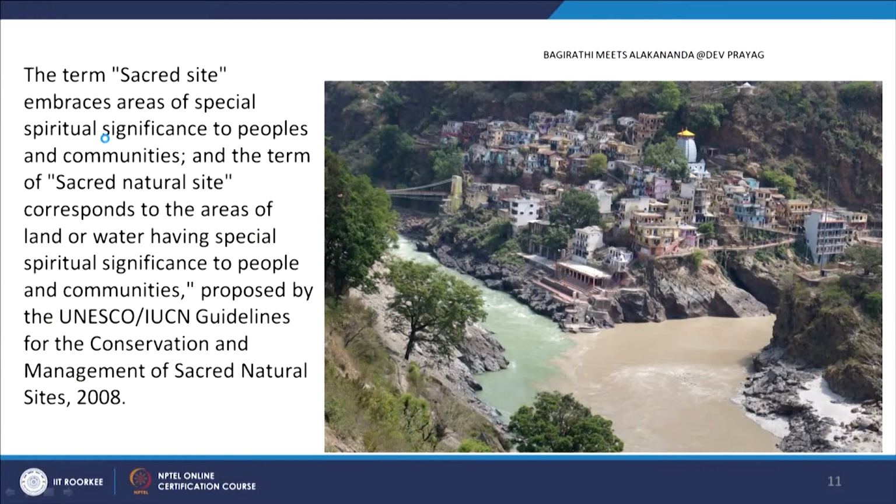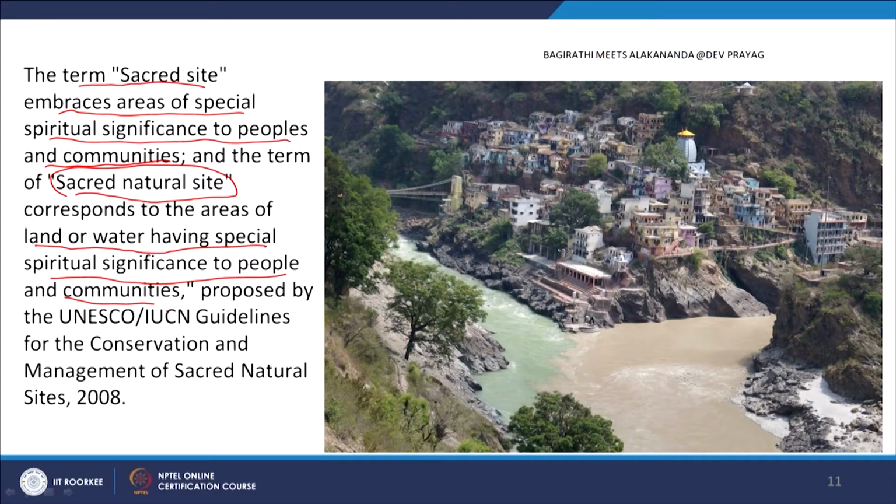Now we further narrow down to the differentiation of what is a sacred site and what is a sacred natural site. Here it gives: the sacred site embraces areas of special spiritual significance to people and communities, and the term sacred natural site corresponds to areas of land or water having special spiritual significance to people and communities.